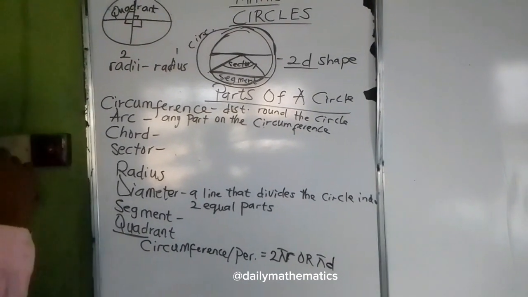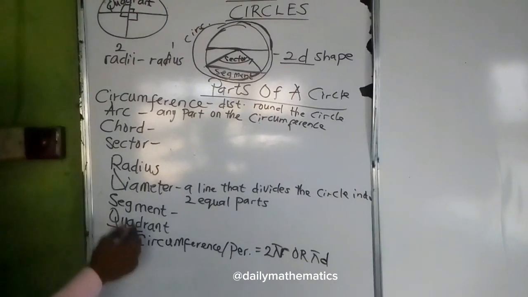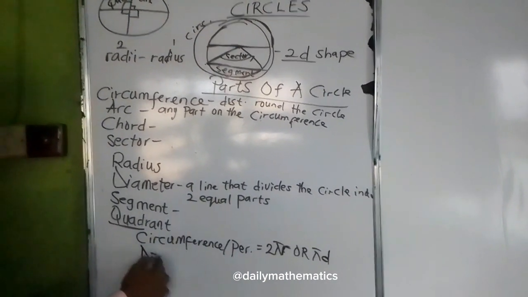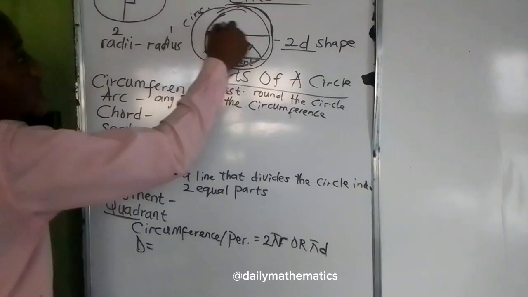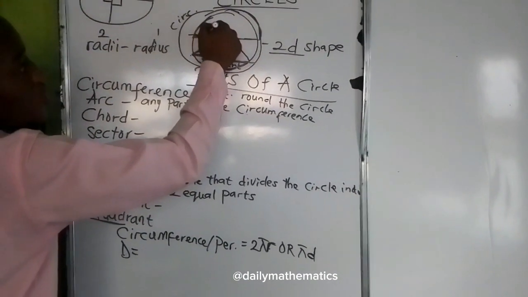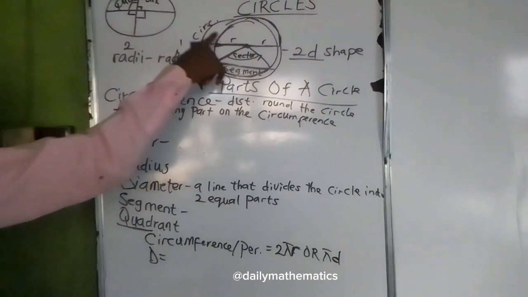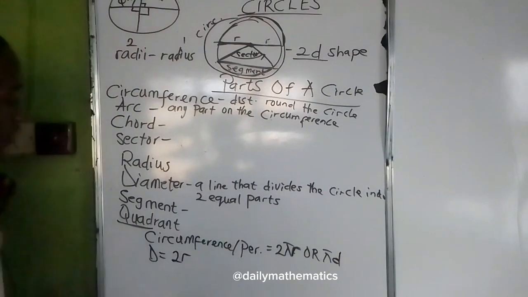The next formula is for the diameter. Diameter cuts from here to here, but in between we have a radius plus a radius, which equals 2r. So diameter is equal to 2r.